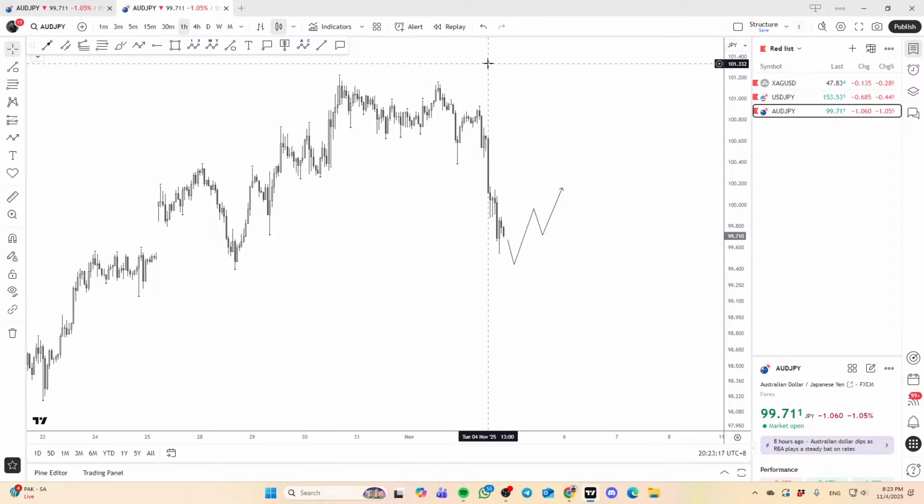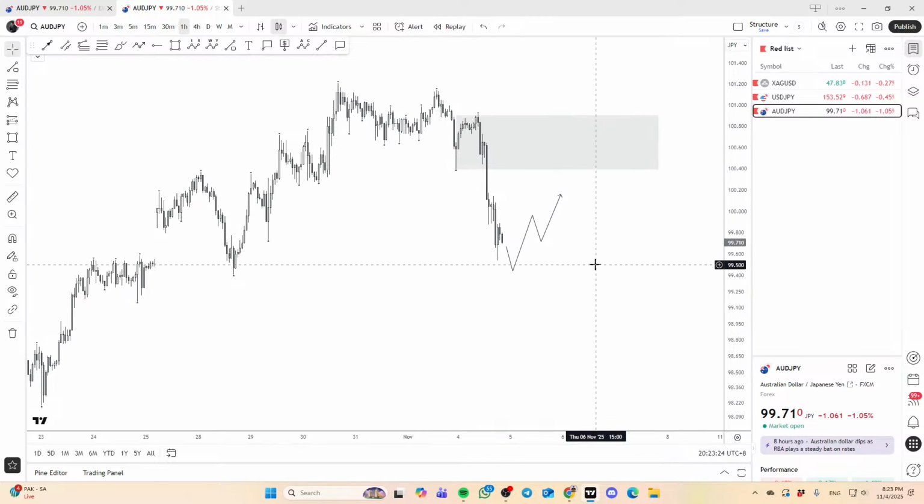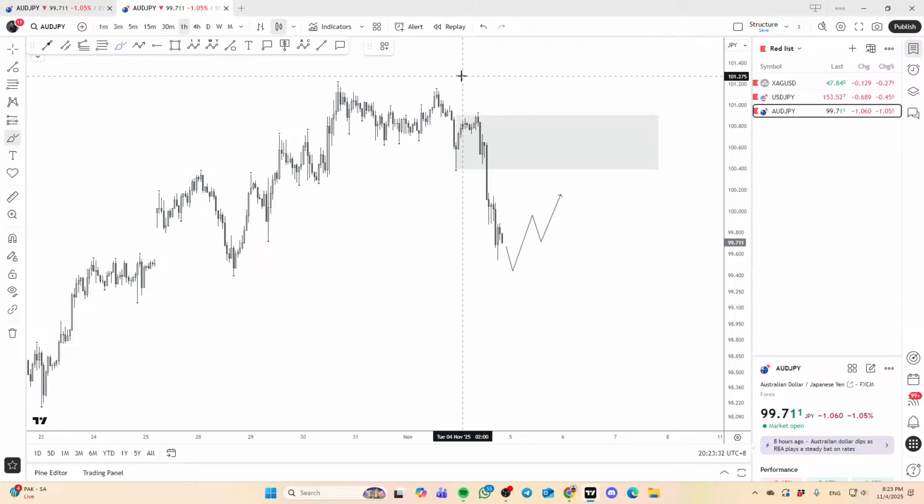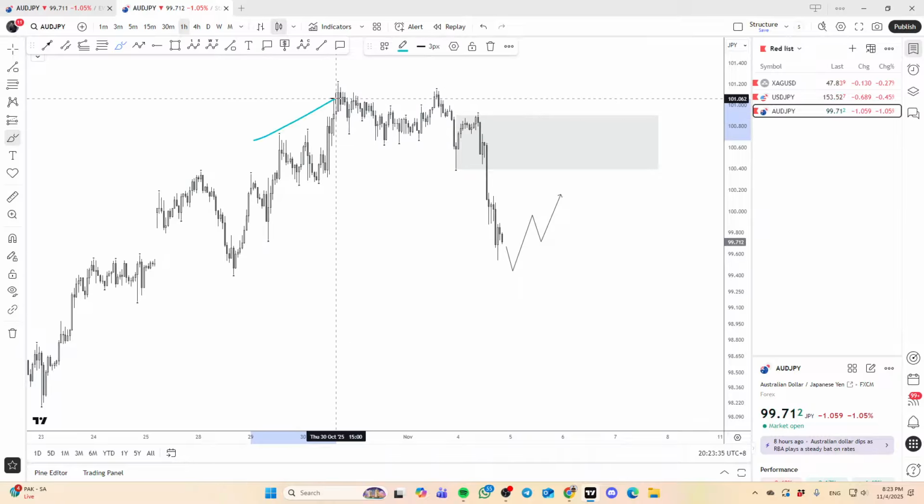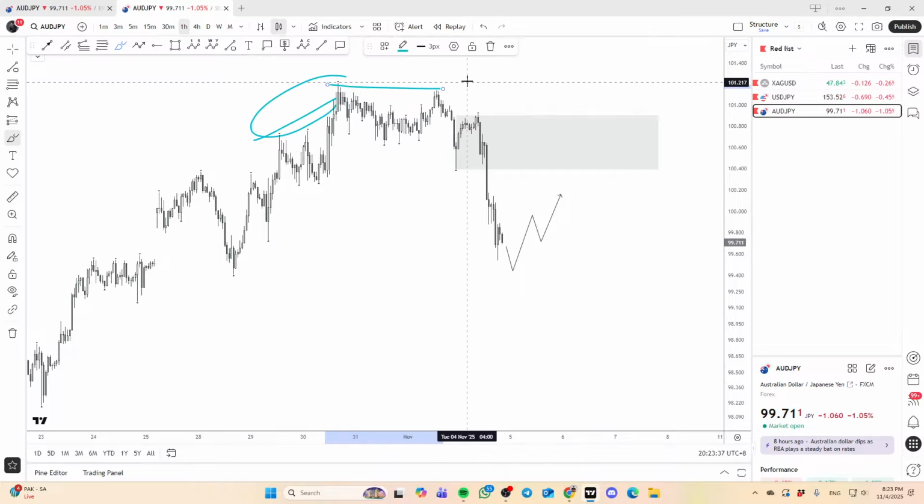Okay, so looking at this here, we do have a little bit here and there. This would obviously be our order block, right? We do have a little bit of fair value gap here as an impulse leg. Not the clearest sweep of liquidity, but to be honest, this part here can be considered as it.